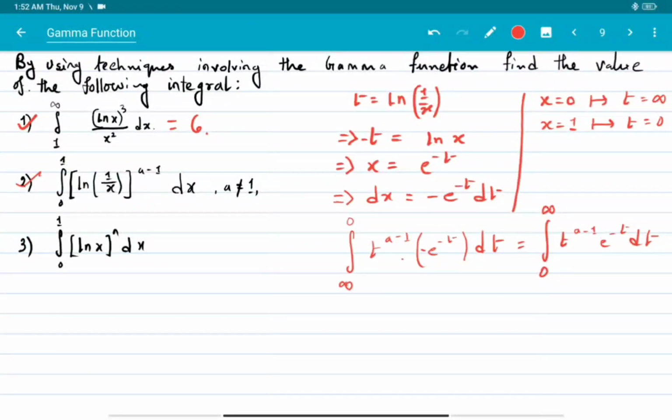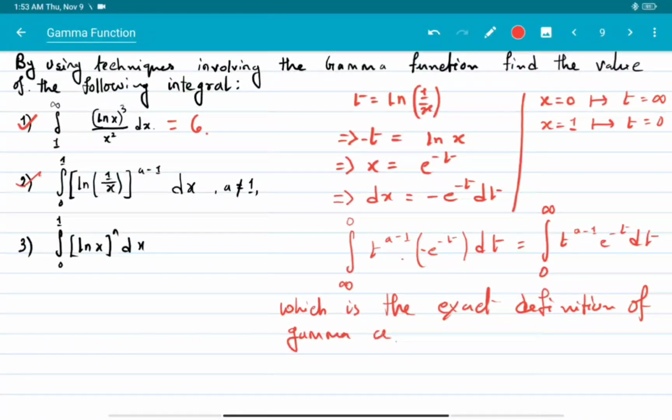Okay, which is the exact definition of gamma A. So this is how you can follow up this integral.